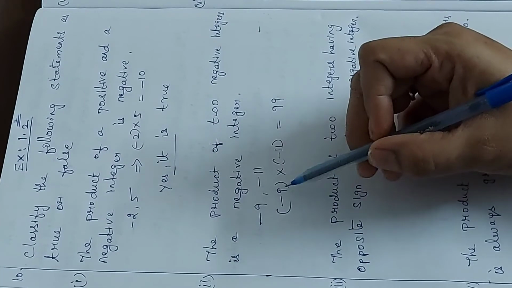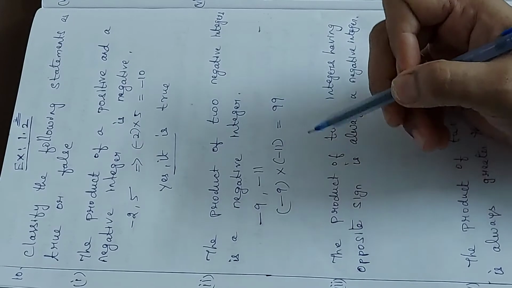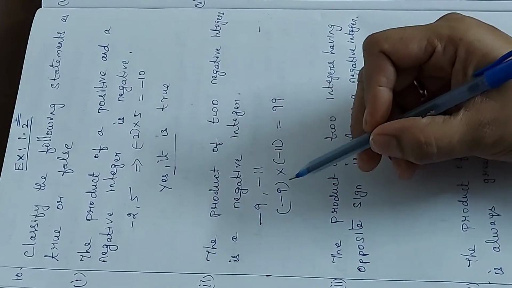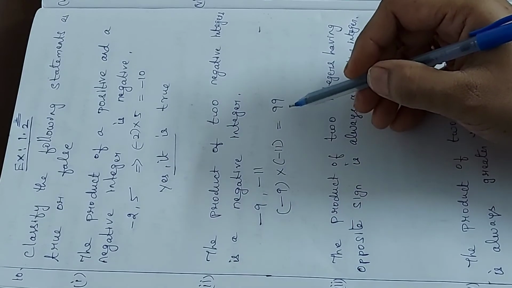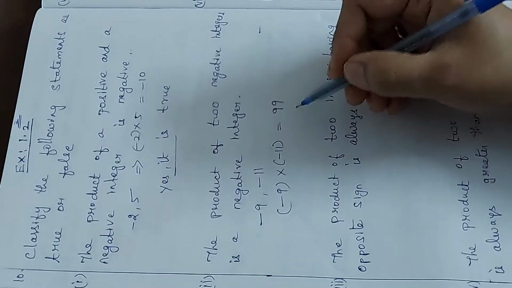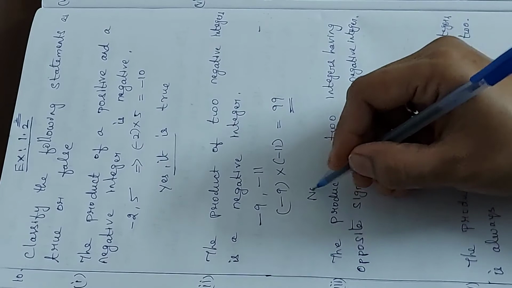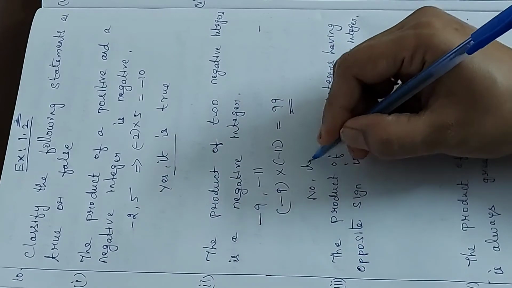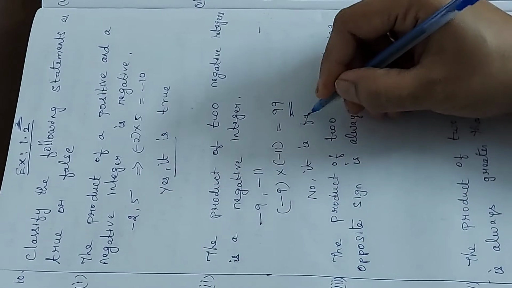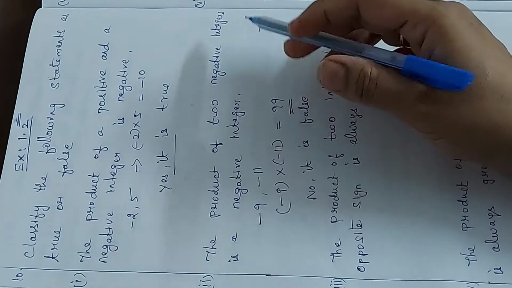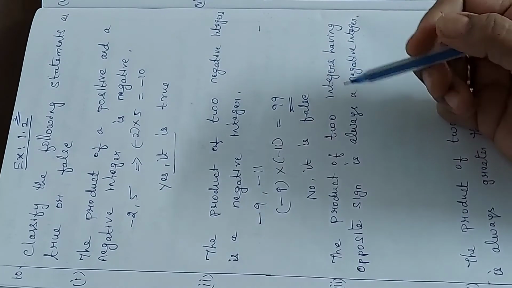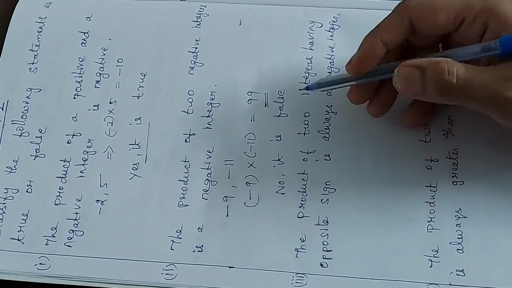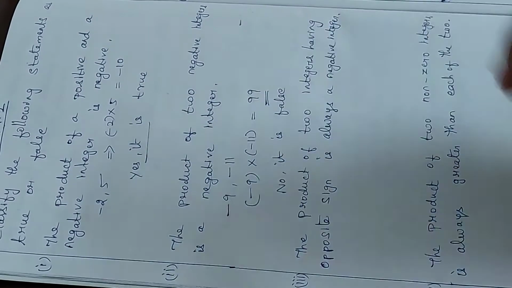If you multiply an even number of negative terms, you will get the answer in positive sign only. So no, the given statement is false. The product of two negative integers is not a negative integer.